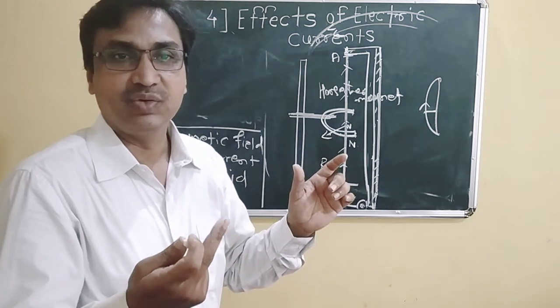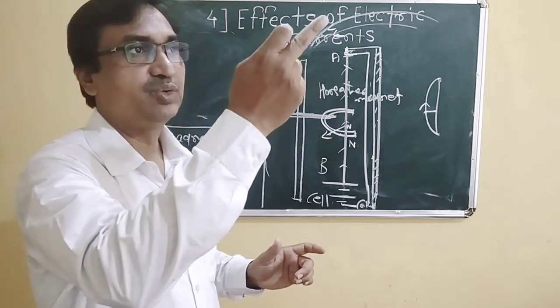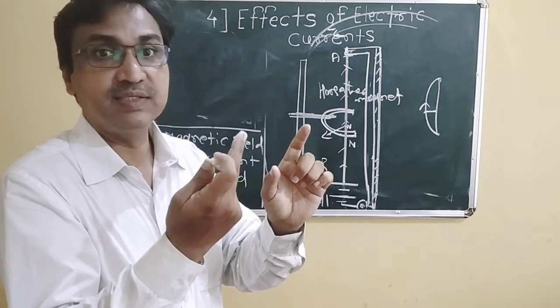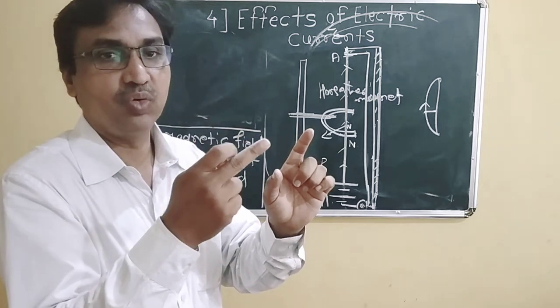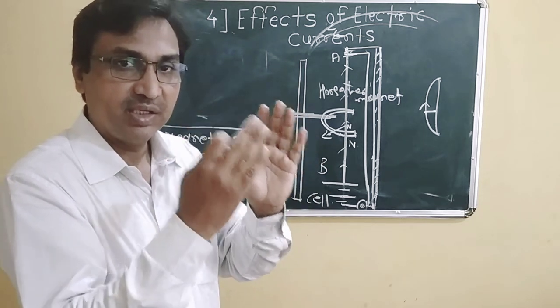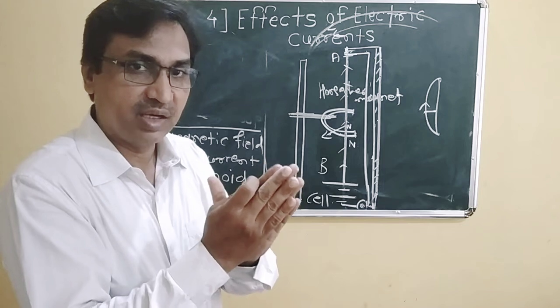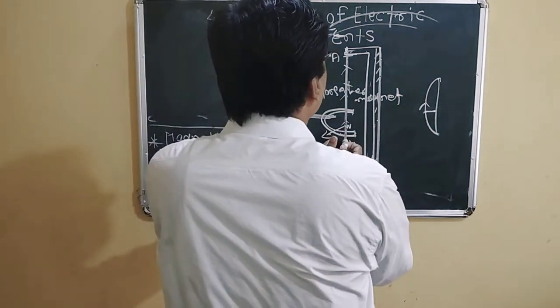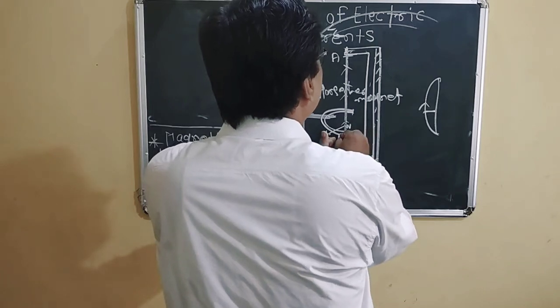When current is passing through the conductor, there is polarity, whether it is N pole or S pole, and according to this the current carrying conductor bends or attracts towards either side, whether this side or this side.